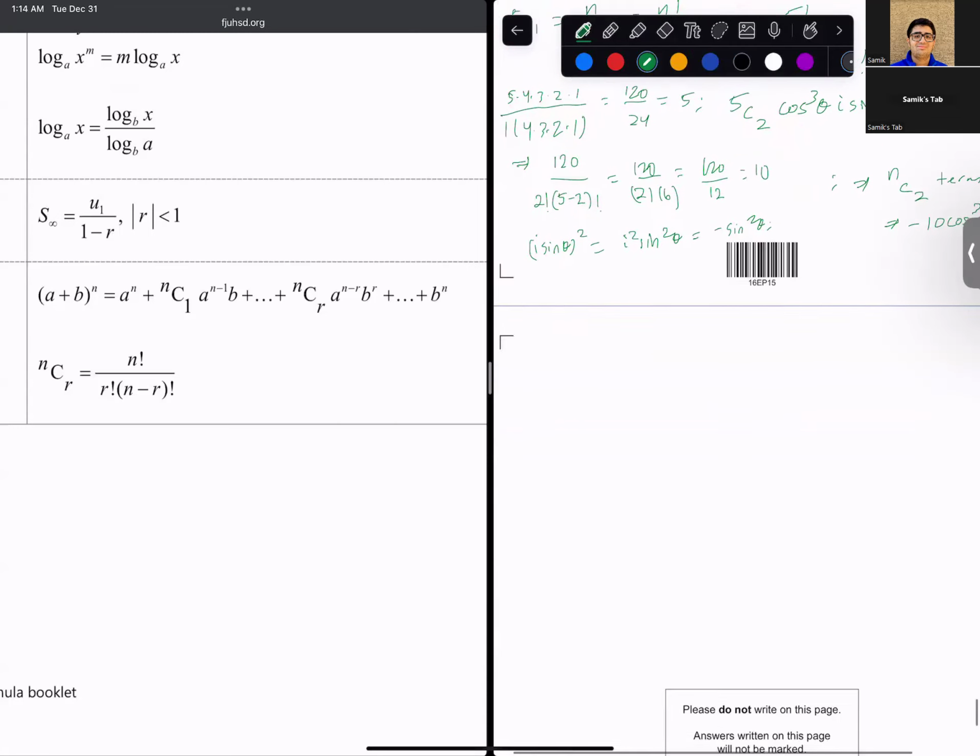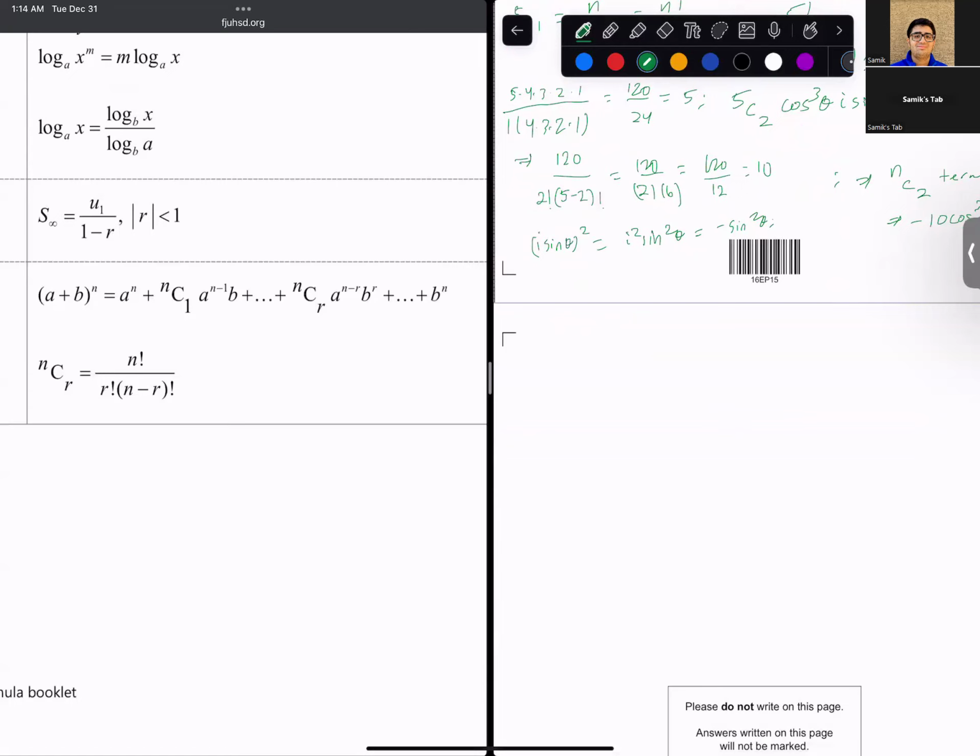So then we can go for the third term. The third term is 5C3 cos^2 theta (i sine theta)^3. So this is going to be essentially the same, with 5 minus 3 this time. So this should be 120 divided by 6 times 2 factorial, which is 2. This should be 10 once again.